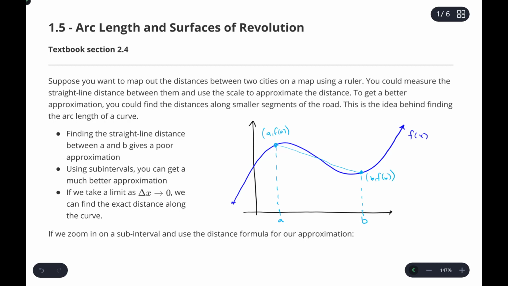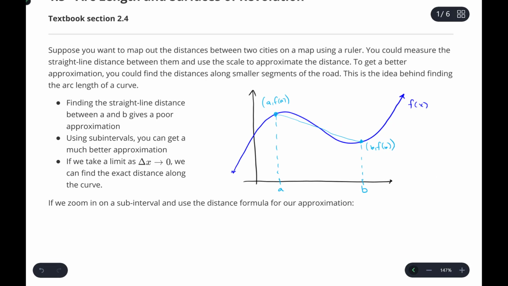If I want to actually come up with the distance between there, I can use the distance formula, and the distance formula is, of course, d equals the square root of x2 minus x1 quantity squared plus y2 minus y1 quantity squared.